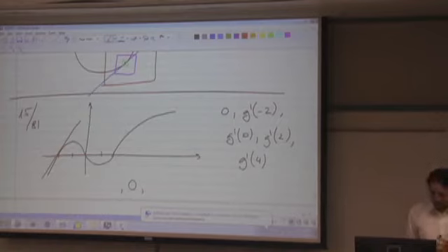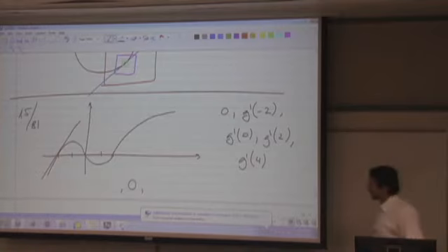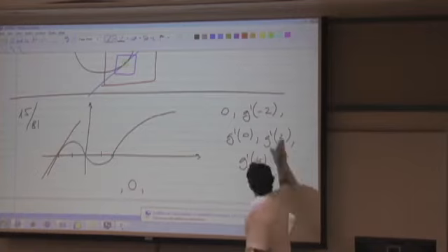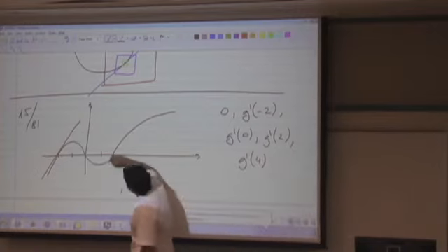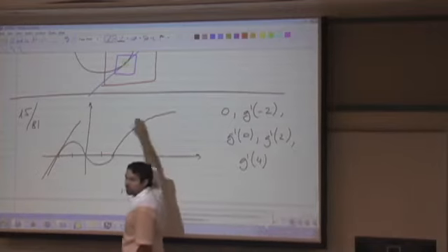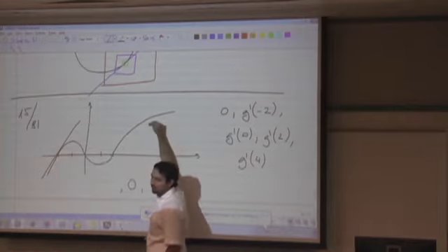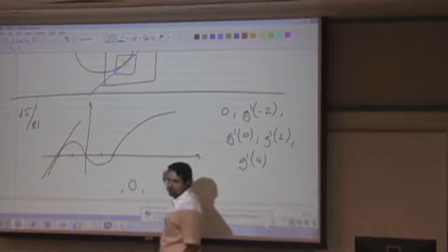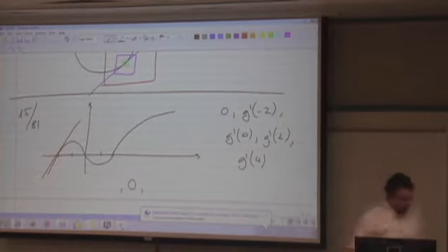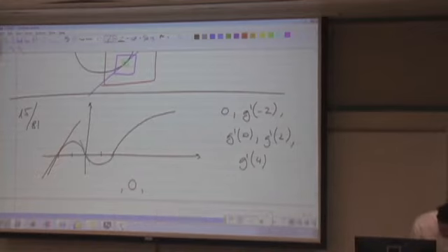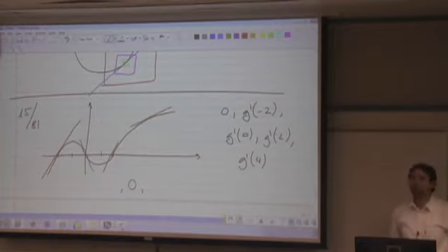Which other ones are positive? g prime of 0, or 2, or 4? If you look at 2 and 4, your graph is going up, which means your slopes are also going to be going up, right? So maybe one thing to do is actually write them out.